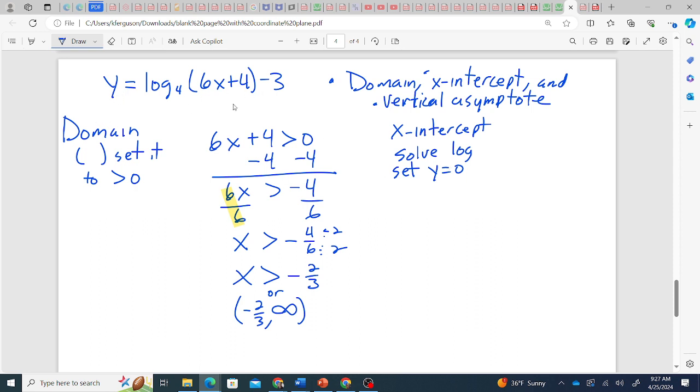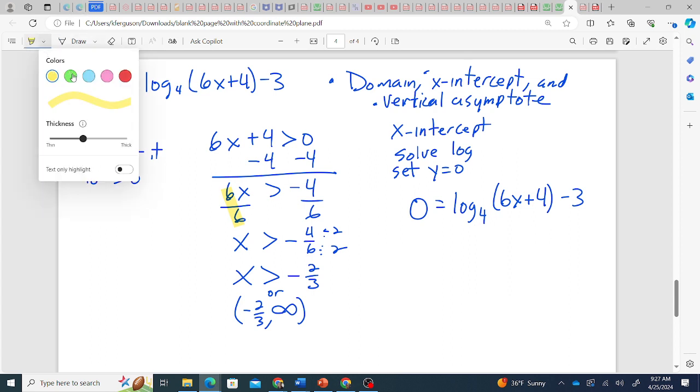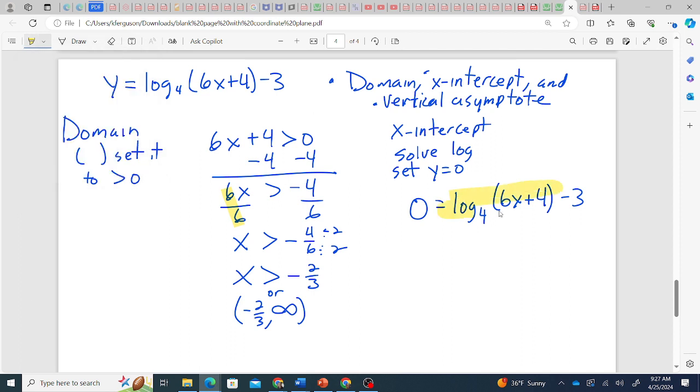So right here, that's going to be 0 equals log base 4 of 6x plus 4, minus 3. Now, the first thing I need to do is get the log by itself. I need you to understand that this is the log, and the minus 3 is something extra.